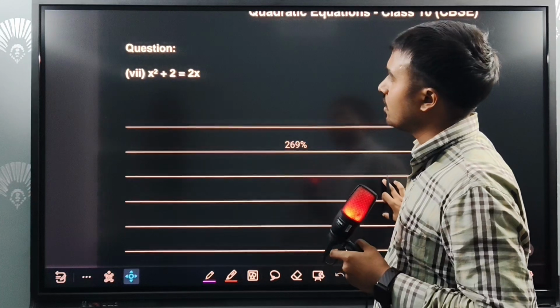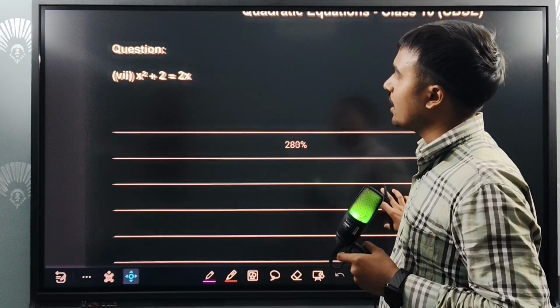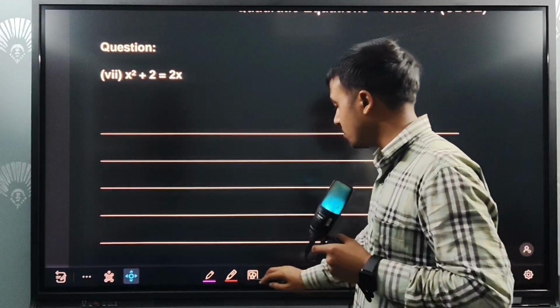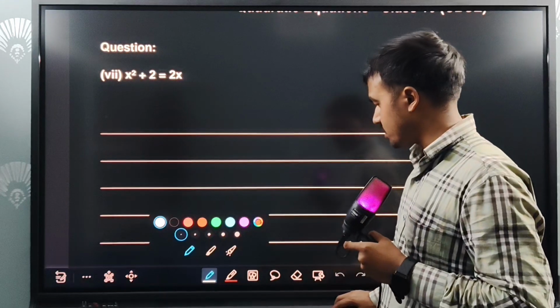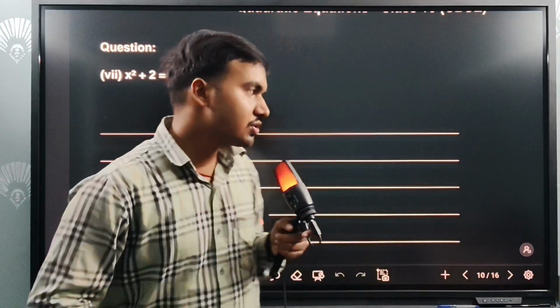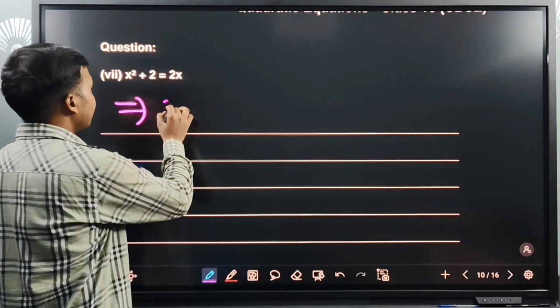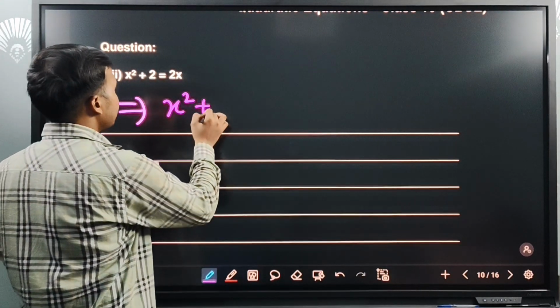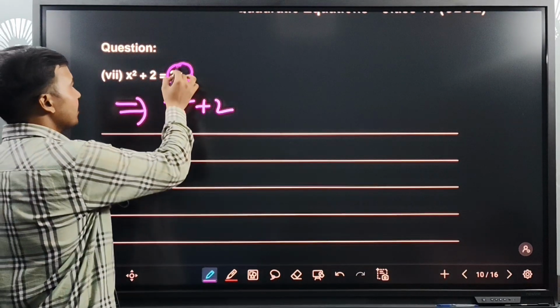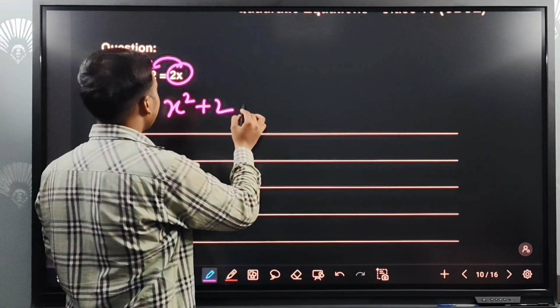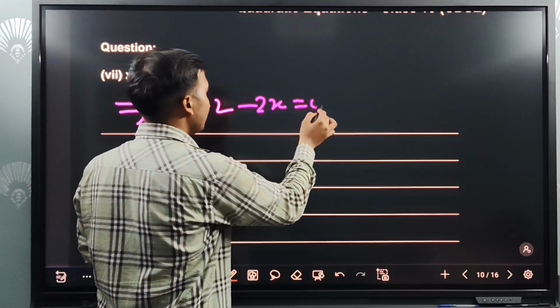Here the question is given: x square plus 2 is equal to 2x. You will solve in the same manner, bringing it into the standard form. You will bring this 2x to the left side, so you will get minus 2x is equal to 0.